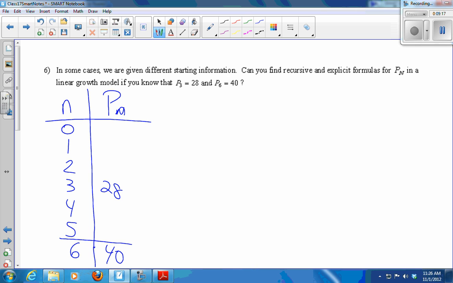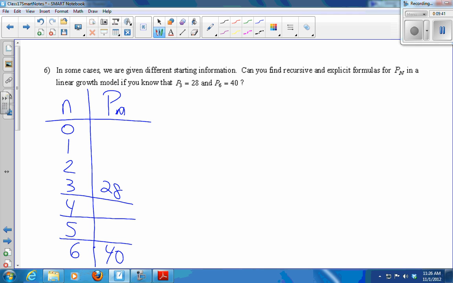And then we said, okay, well, how much do you add to 28 to get to 40? 12. And how many spots did I go? 3. So take the 12, divide by the 3 spots, and you get plus 4. So if you go 4 each spot, you should land at 40.